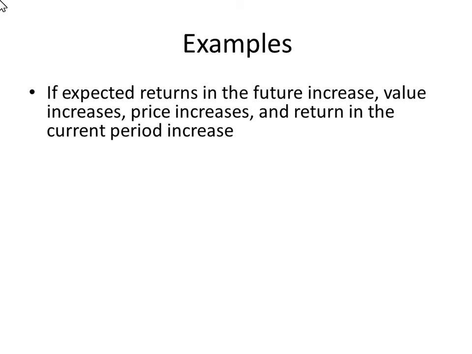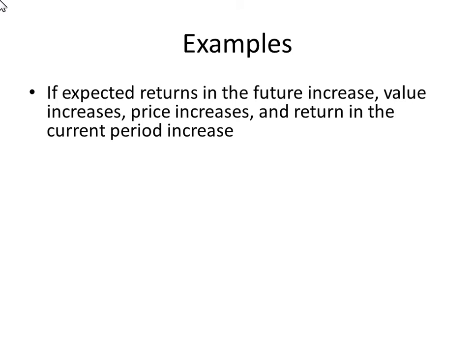First, let's take the case in which expected returns in the future increase. So now we're looking 1 year in the future, 6 months in the future, 2 years in the future. We believe that a firm has had its expected returns increase for whatever reason. It could be that it introduced a new product, iPhone, iPad for Apple, for example, which is likely to have positive impacts on returns in the future.